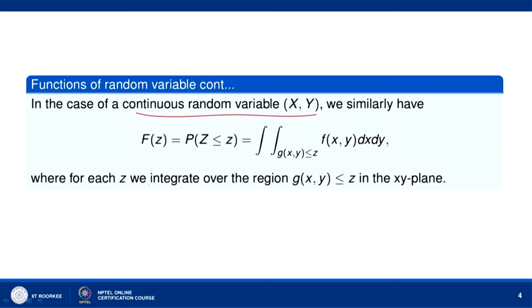So, for each z we integrate over the region g(x, y) less than or equal to z in the xy plane. And the density f(z) will be obtained by integrating over all those (x, y) for which g(x, y) equal to z.